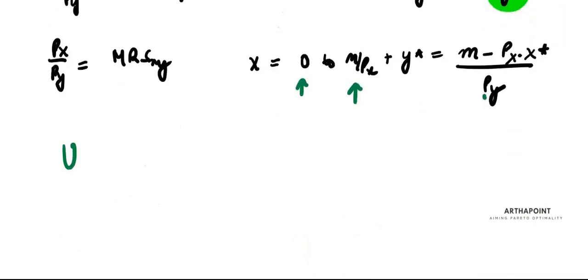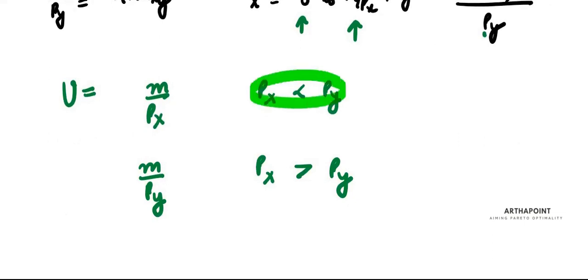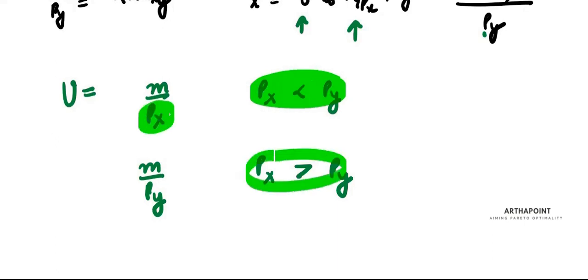That my indirect utility is either M by Px, which happened when Px was less than Py, or it is M by Py, which happened when Px was greater than Py. So whenever Px is less than Py, I get Px in the denominator. Whenever Px is greater than Py, I get Py in the denominator.